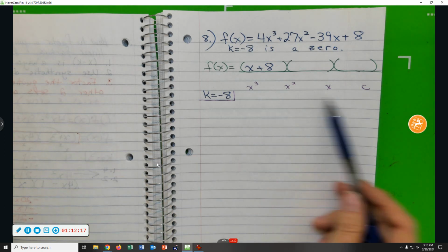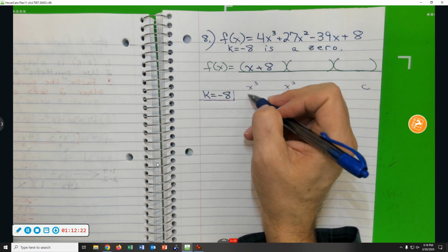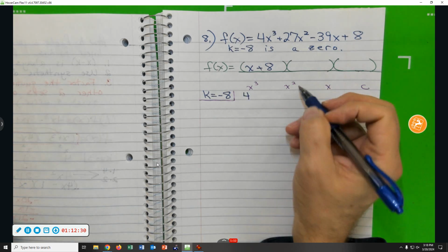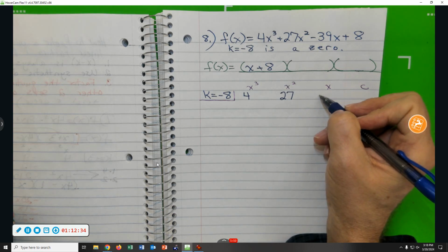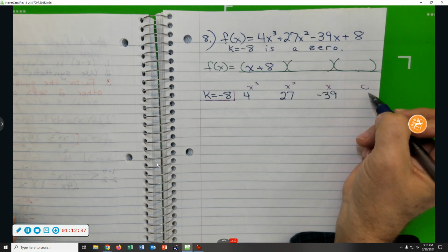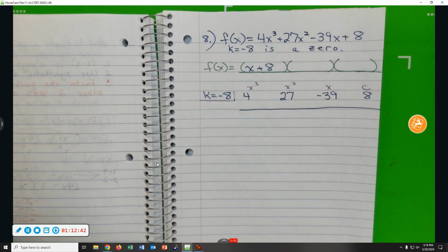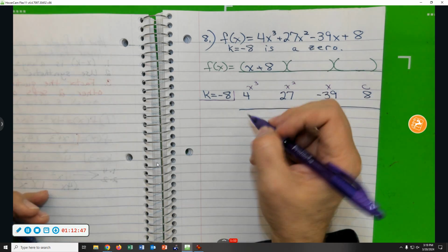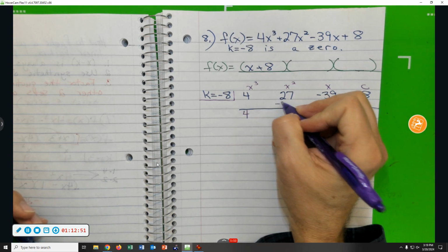We fill in the coefficients across the top here. 4, then we go across to 27, then -39, and then we draw our line. What do we do to get it started? Drop the 4 down. 4 times -8 is -32.